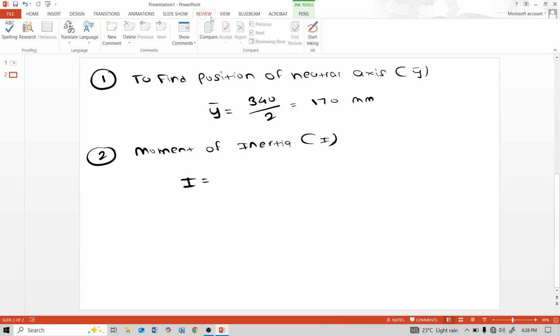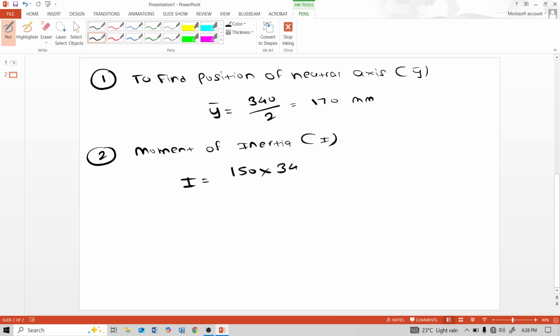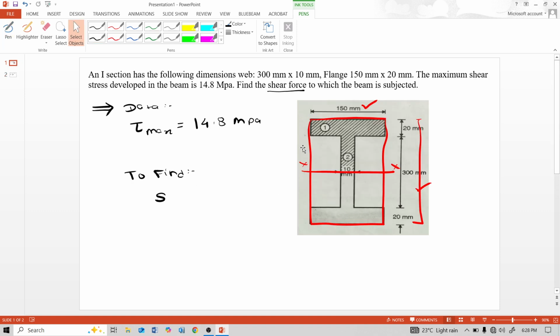So we calculate this red rectangle moment of inertia, and our section is an I section.